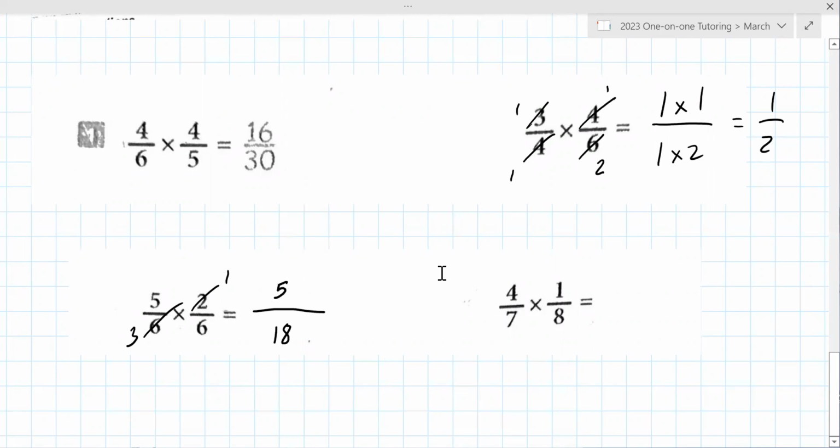Go ahead and try the one on the right there. One 14th.